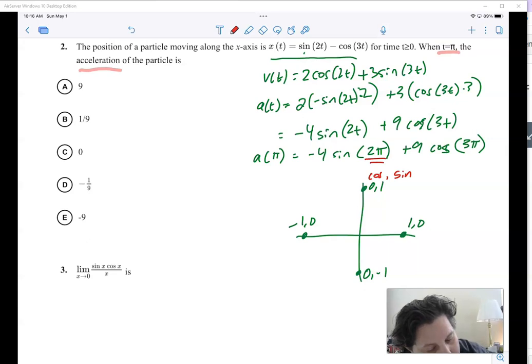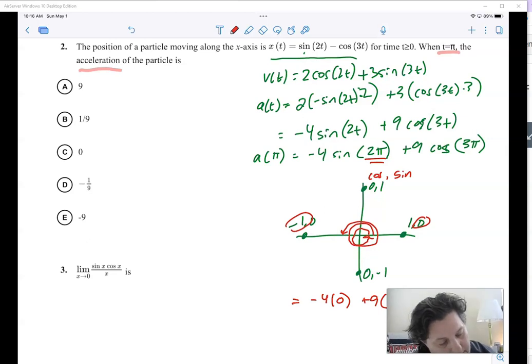So at 2 pi, that's all the way around, sine is 0. So this is going to be negative 4 times 0. At 3 pi is around once and halfway back around again. Cosine is negative 1. So this gives me 0 plus negative 9. So I'm going to get negative 9 for my acceleration.